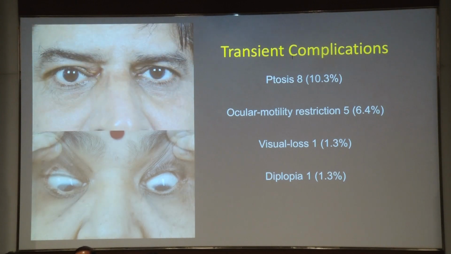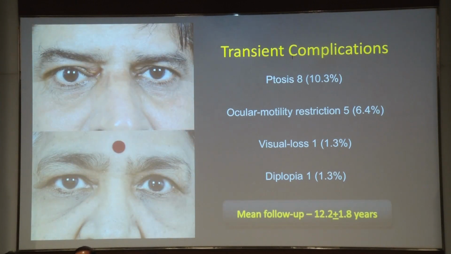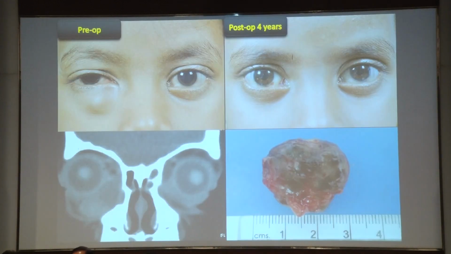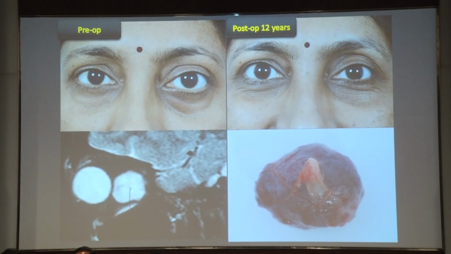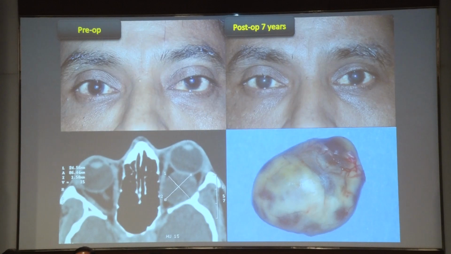However, at a mean follow-up of 12 years, all the patients were functionally absolutely normal. These are the few cases where we followed the transconjunctival approach for keeping the cosmetic part in mind, and we had complete cosmetic outcome in all our patients.